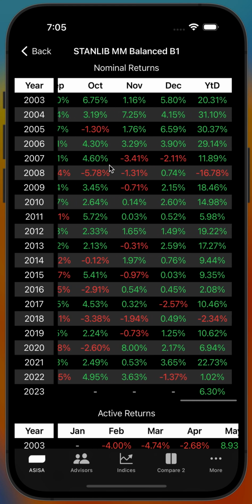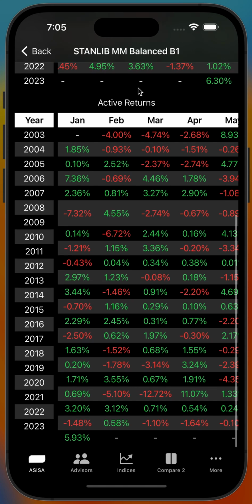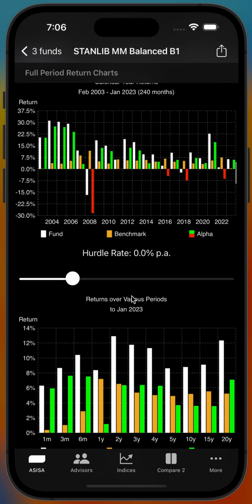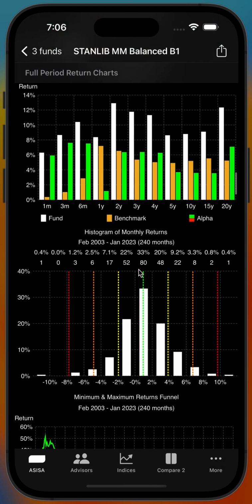So you've got all the individual months, green numbers positive, red numbers negative, as well as the full calendar year here on the right. And these again are nominal returns, so what the fund actually earned on a time-weighted basis, versus active returns. How did the fund do against the benchmark, and not the fund's benchmark? Okay, it could be the fund's benchmark, but whatever benchmark you've chosen in this app here. So in this case, this is a category average.